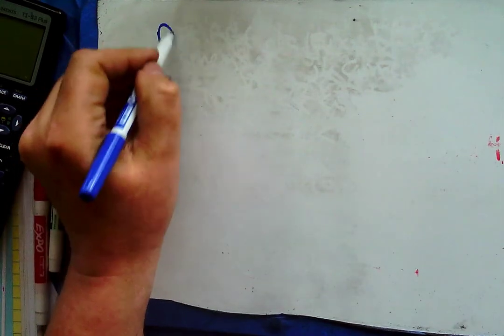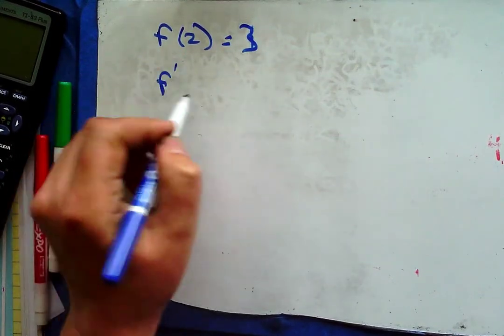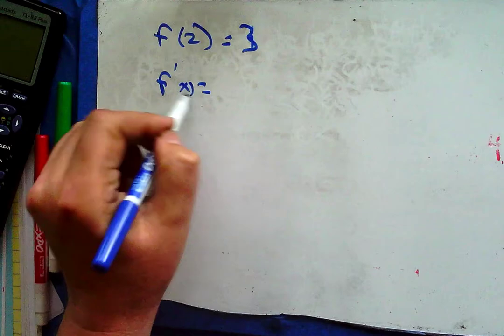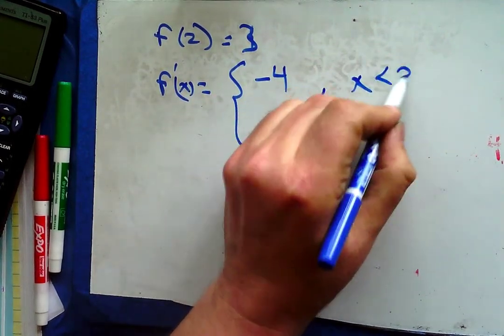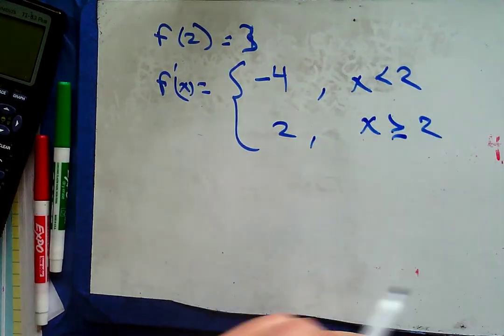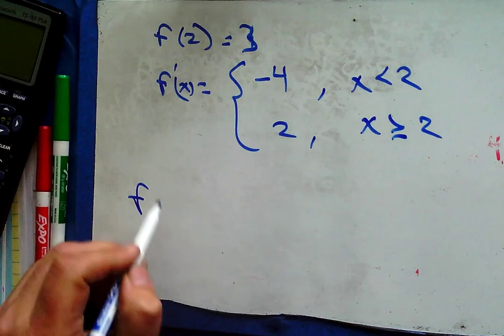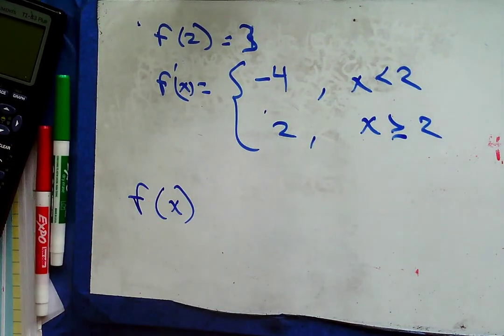But I'm going to tell you that f of 2 equals 3, and that f prime of x equals negative 4 for x is less than 2, and 2 for x is greater than or equal to 2. Please come up with an f of x that meets this condition and this.